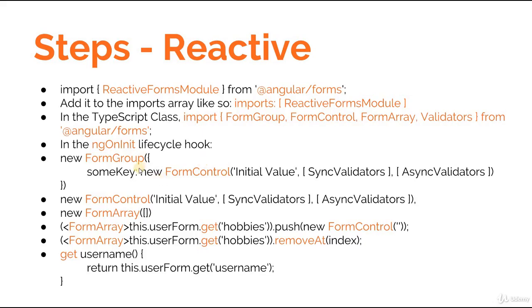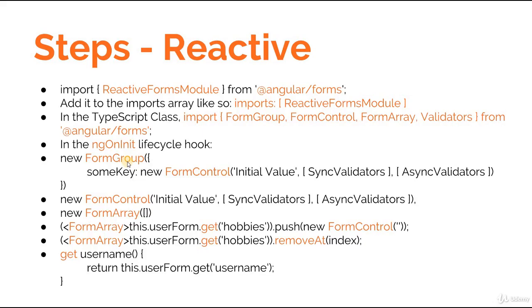So we create a form group using the new keyword here, and then we pass in a controls object to it. This also takes two other arguments, that is a list of or a single validator function as a second argument, and as the third argument it takes a list of asynchronous validator functions or a single asynchronous validator function.